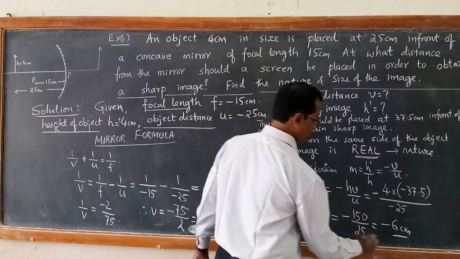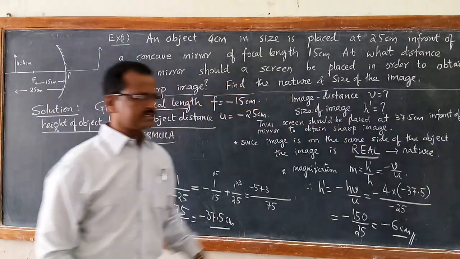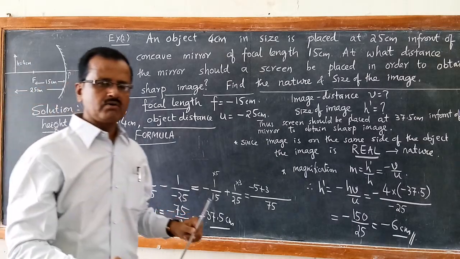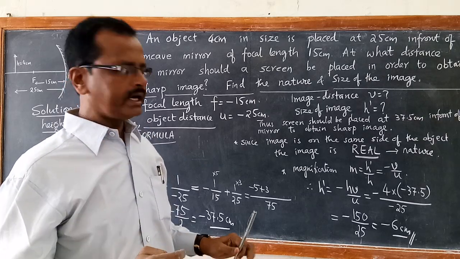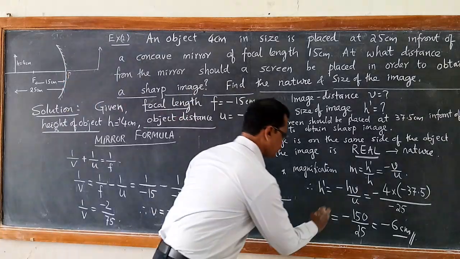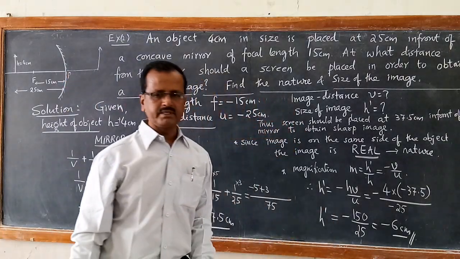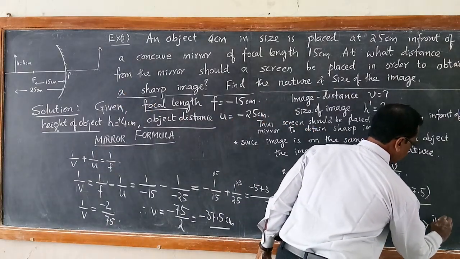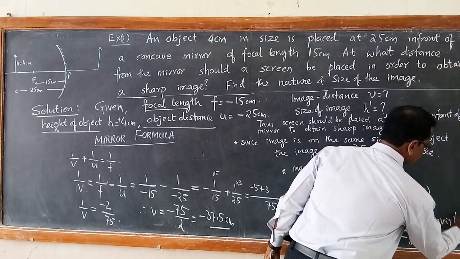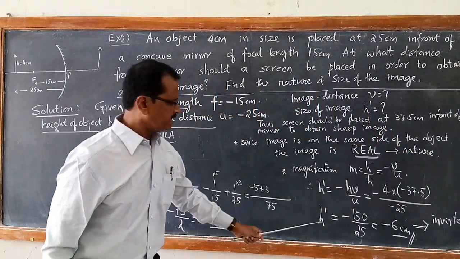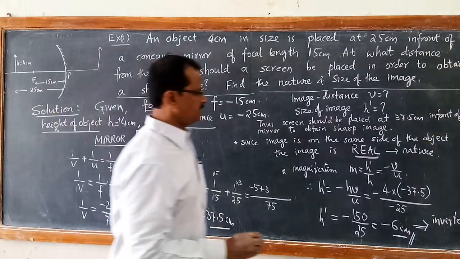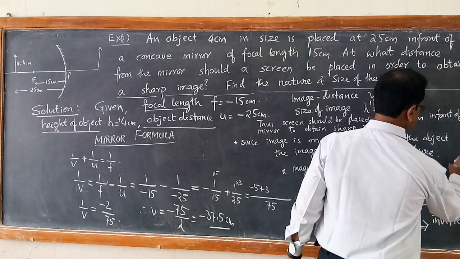From this, minus indicates that the image is inverted. The heights which are measured downwards are taken negative. Since we got h dash equal to minus 6 centimeter, this is inverted. And look at this, h dash is greater than h. h is 4 centimeter and h dash is 6 centimeter.